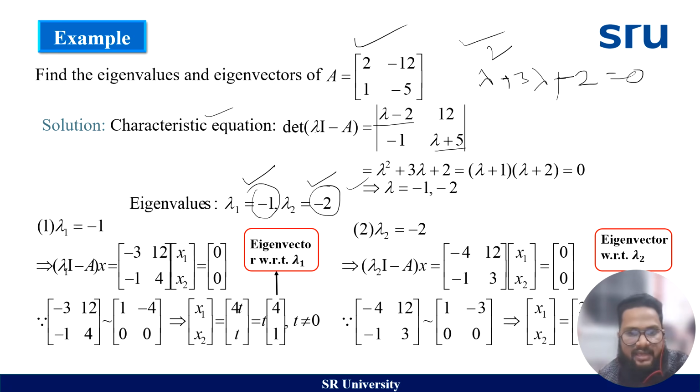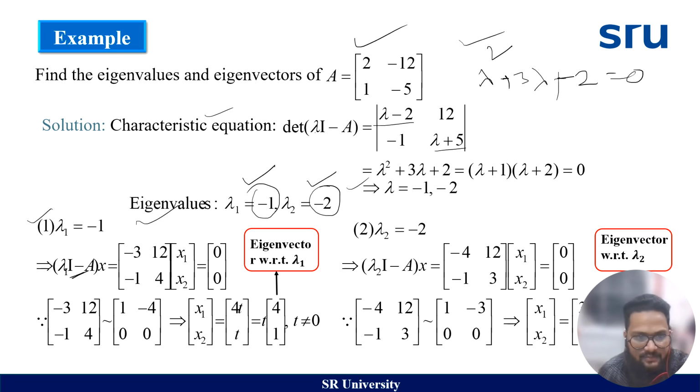Now you have to calculate the eigenvector for each eigenvalue separately. For lambda 1 equal to minus 1, we take A minus lambda I. Calculating this, we get minus 3 and so on, because lambda 1 is minus 1. Then I take the vector x1, x2 equal to the zero vector, 0 0.